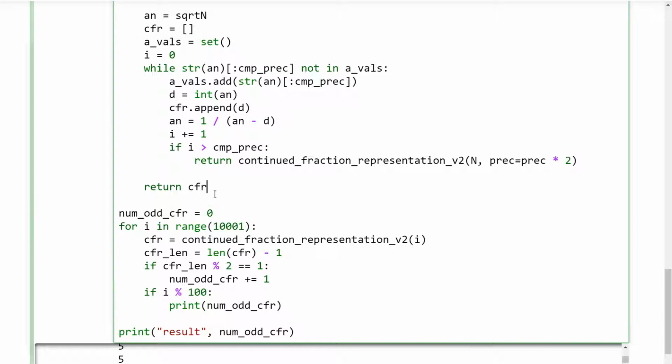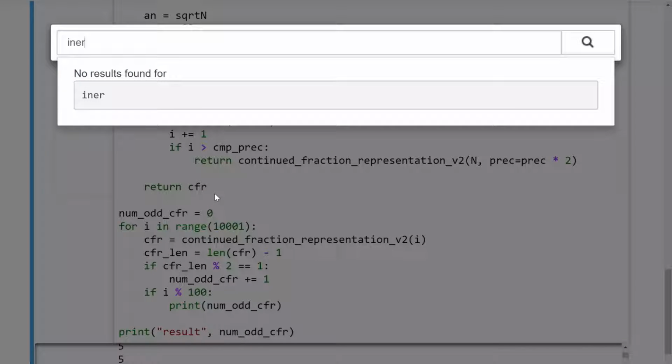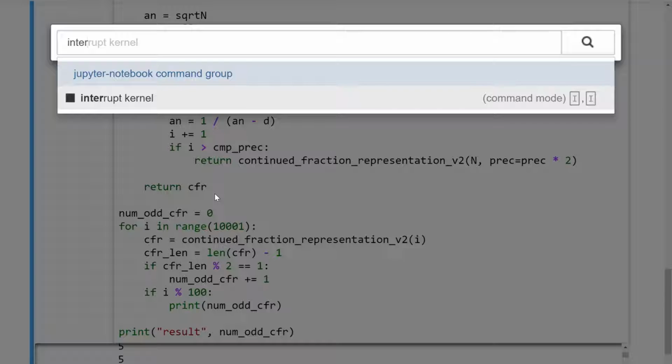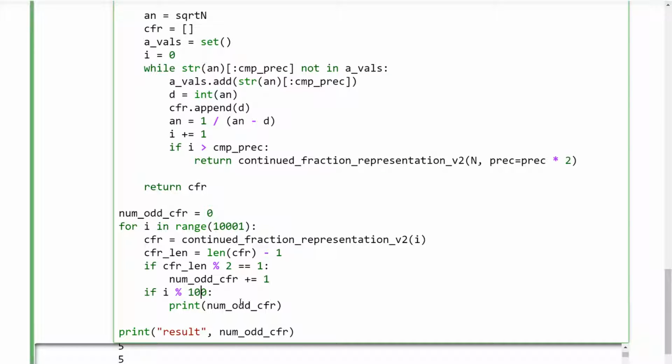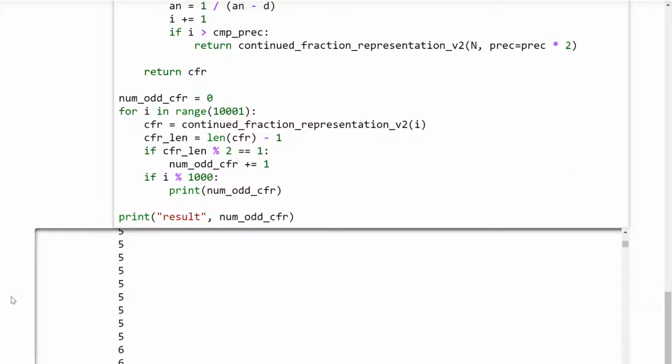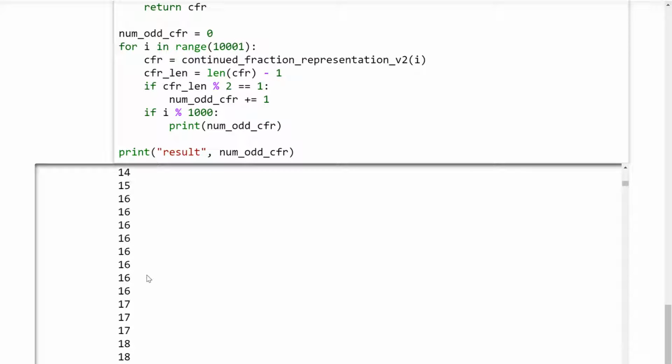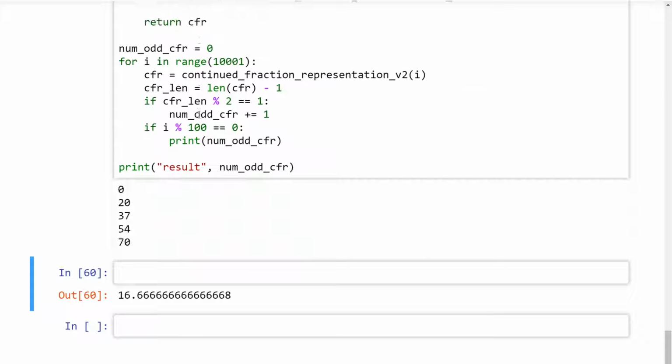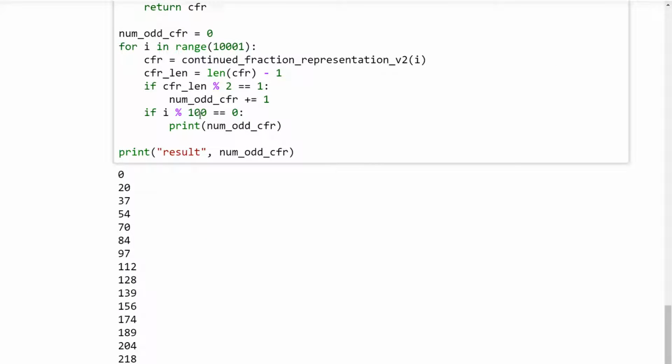Oh, that's not too bad. Interrupt kernel. So this will give us 10 lines. Oh, well. It's still not... Okay.